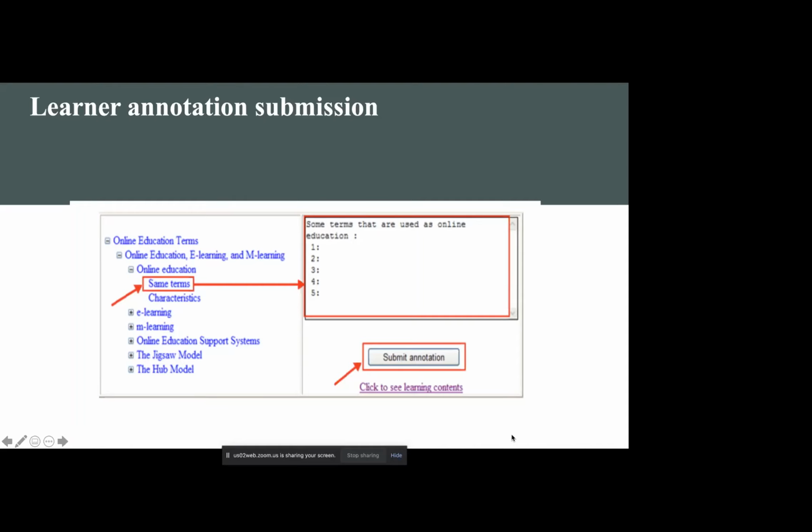And the learning concepts, based on a hierarchical tree, are presented to the learner. And when the learner clicks on a concept in this tree, the system automatically generates the left side of the annotation. And for every annotation, they may include several parts, and each part covers a specific fraction of total knowledge.